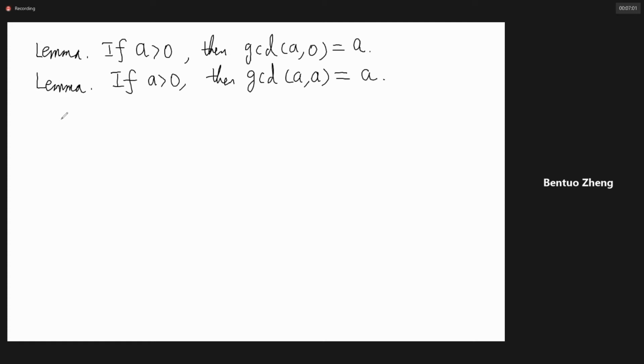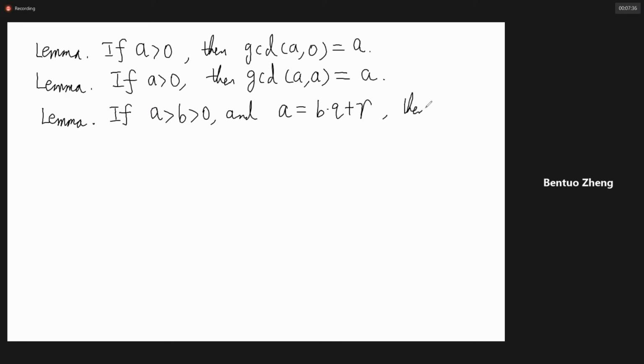The next lemma is the key lemma for the Euclidean algorithm, which says that if you have two positive integers, say a greater than b greater than 0, then we can write, by the remainder theorem, a as b times q plus r, where r is the remainder.